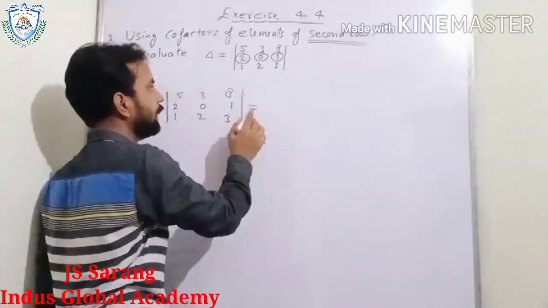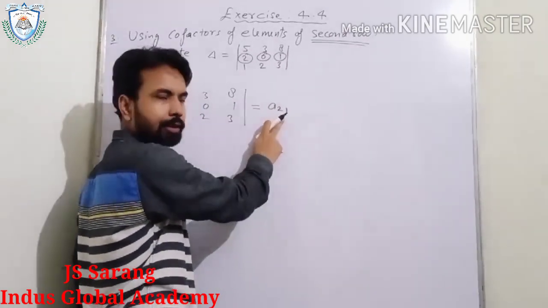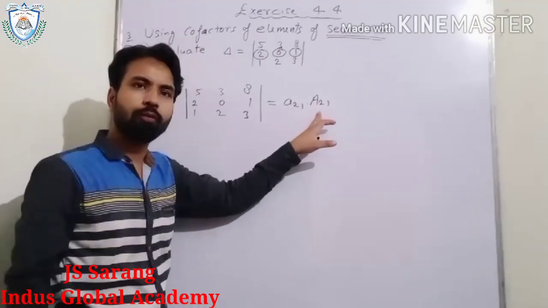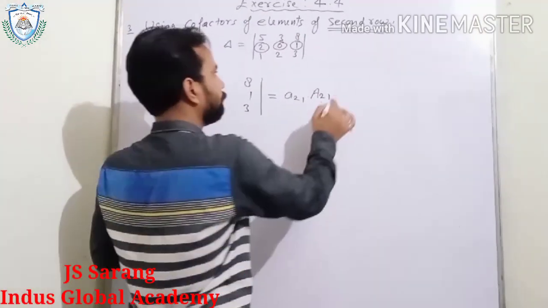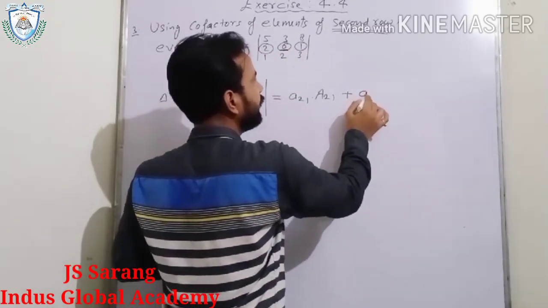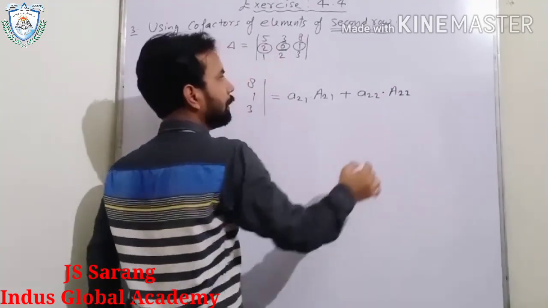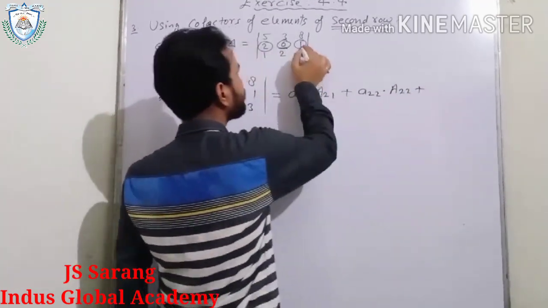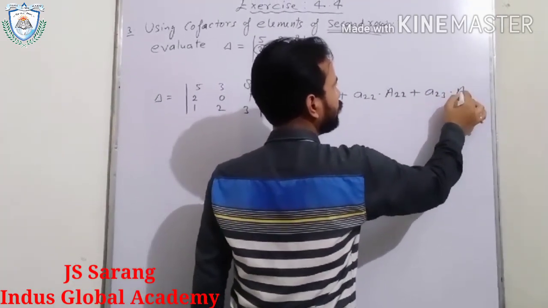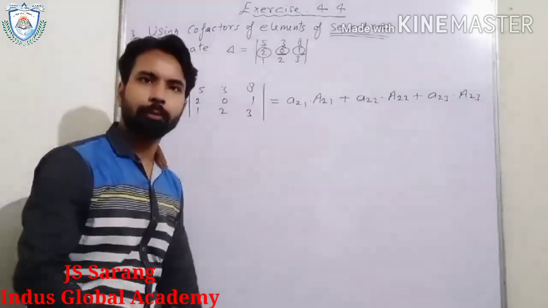So its value will be a21 into capital A21, that is the cofactor, plus a22 into capital A22, plus a23 into the cofactor A23. This is the value of this determinant.